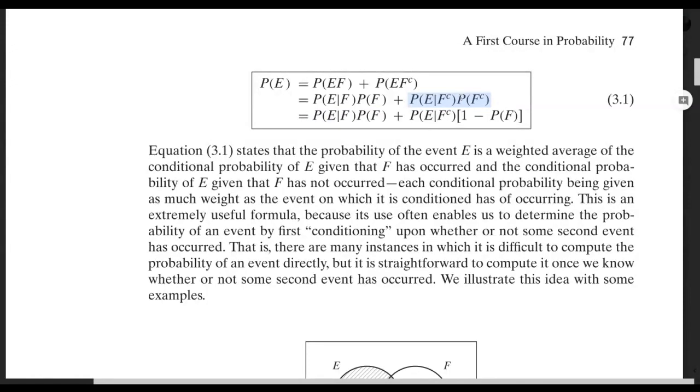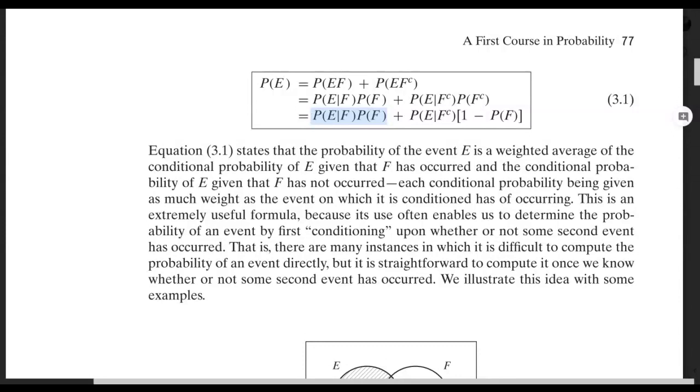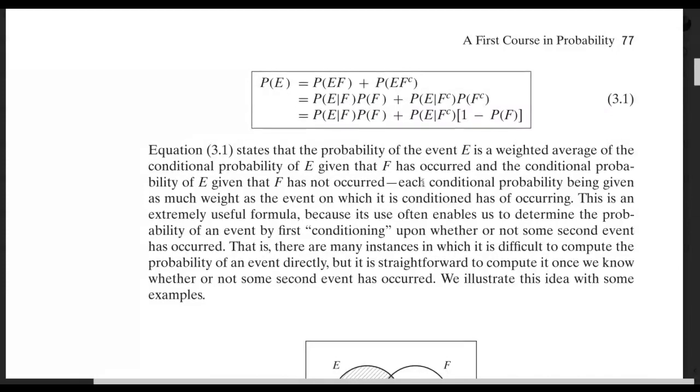What is the probability of the complement of F? That's 1 minus the probability of F. So this will arrive at this formula: probability of E equals the probability of E given F occurred multiplied by the probability of F, plus the probability of E given the complement of F occurred multiplied by the probability of the complement of F.